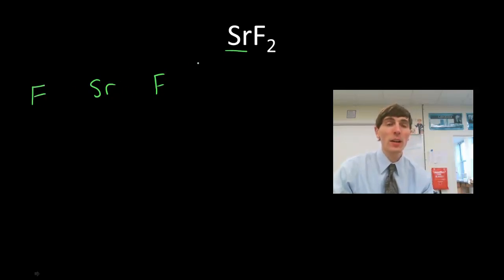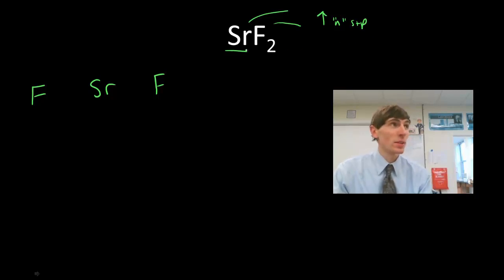And I'm going to figure out how many electrons each of these atoms has in its valence energy level. I could go through each of these and figure out the electron configuration, find the highest energy level S and P electrons, and add them up. Strontium, for example, is in the 5th energy level.